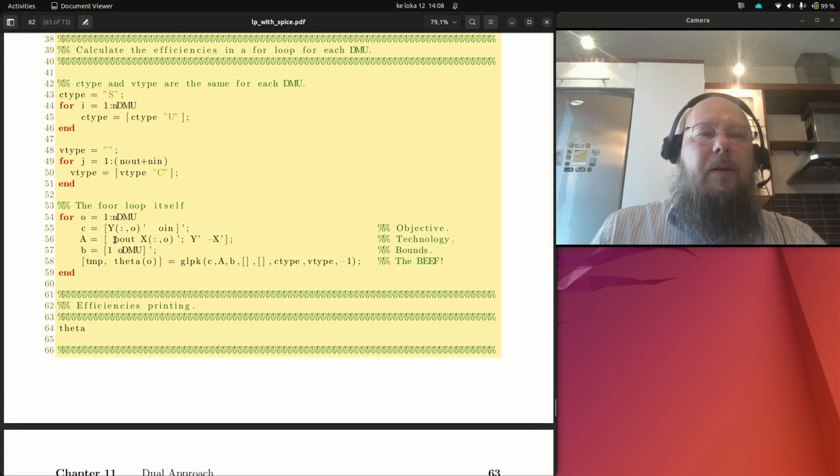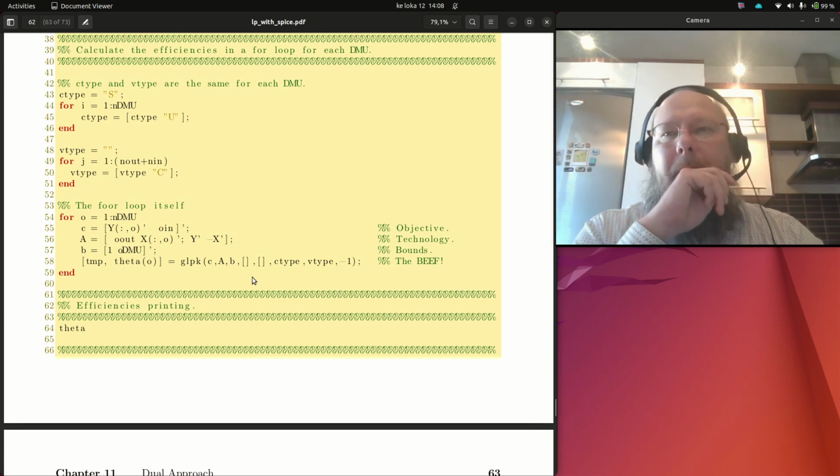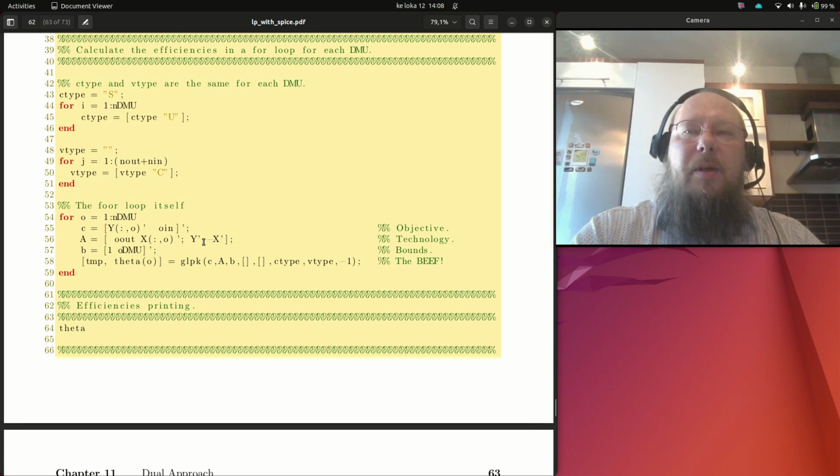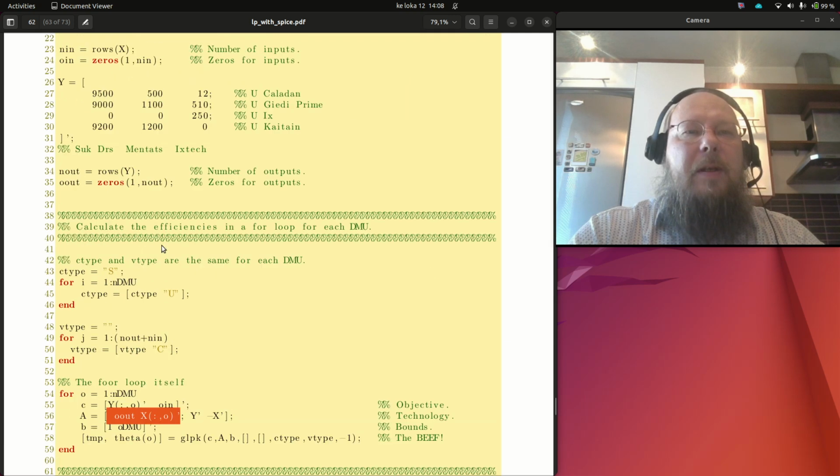So after that, what we have here is a y transpose minus x transpose matrix. And you notice there are these quotes everywhere, so I make transposes a lot. So what happens here? This technology matrix: first this one here looks rather fancy.